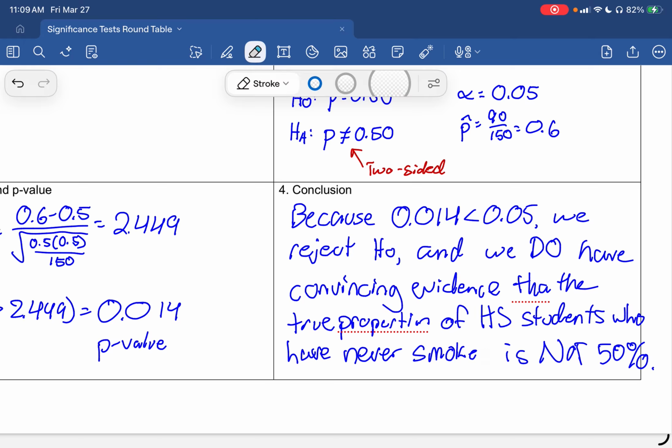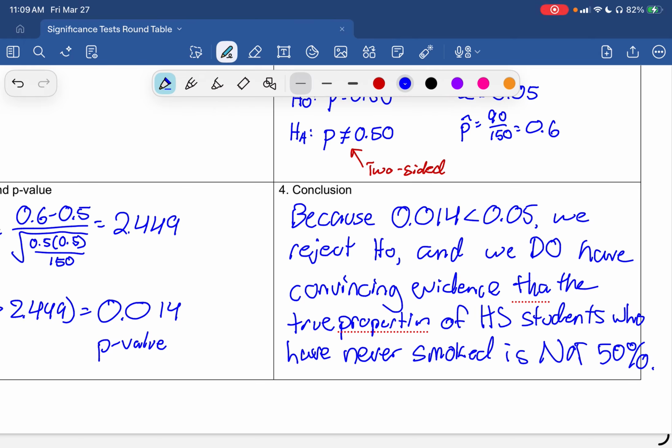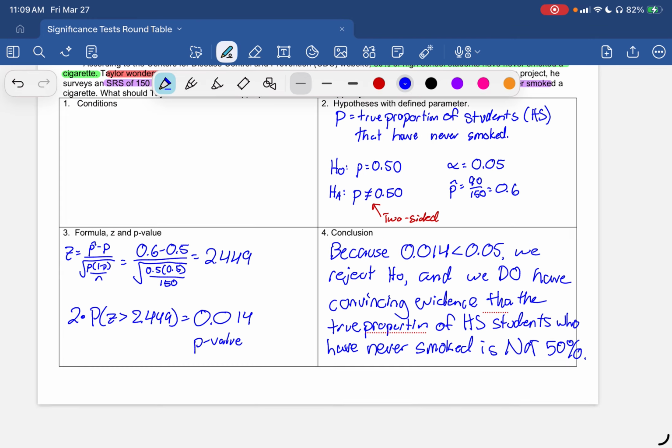Sorry for the bad handwriting there. Just want to make it quick for us. Okay, so that's how Desmos handles two-sided. So we've seen a one proportion z-test for a single side and for a two-sided test.